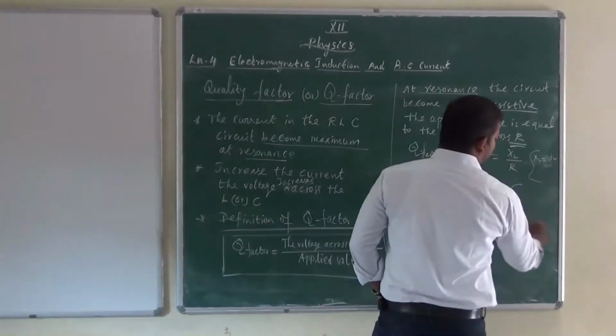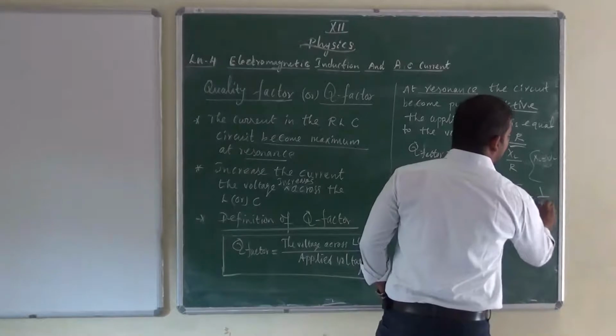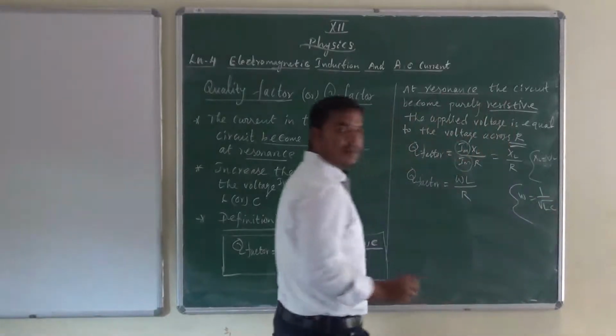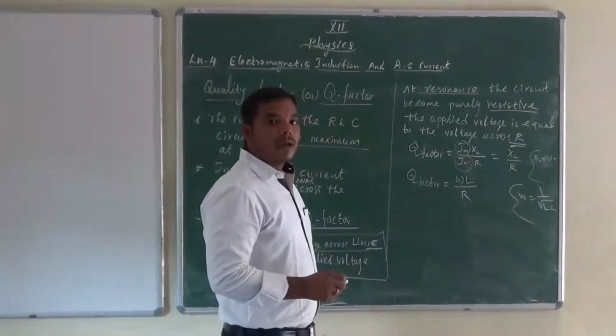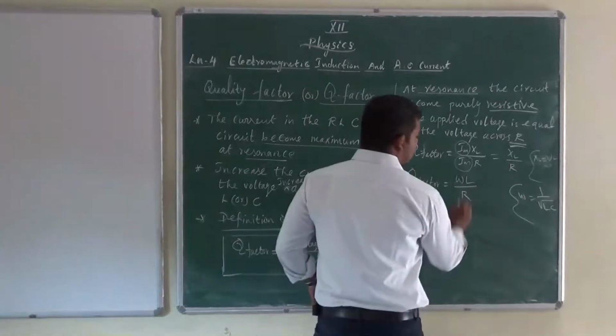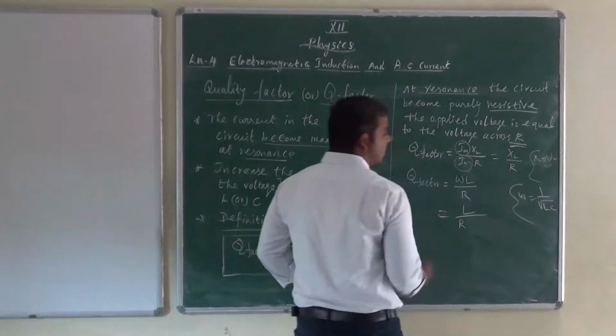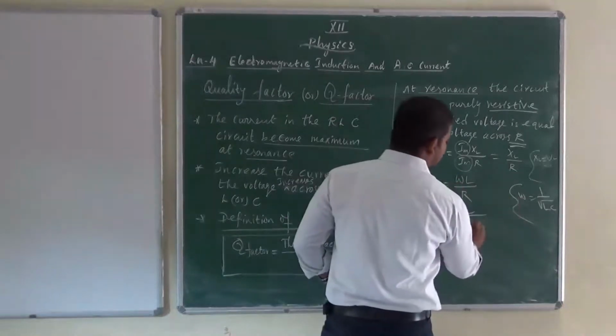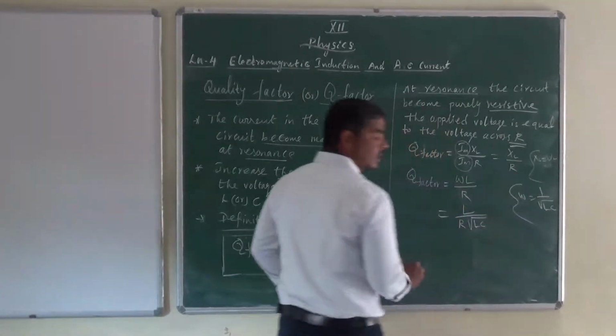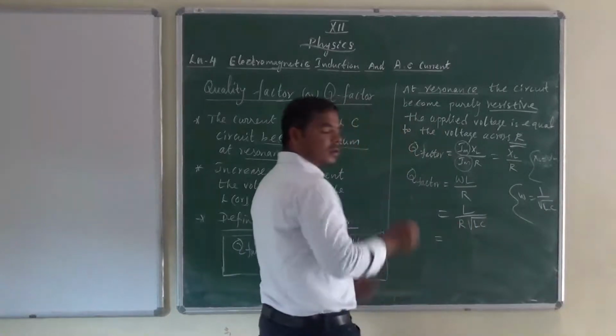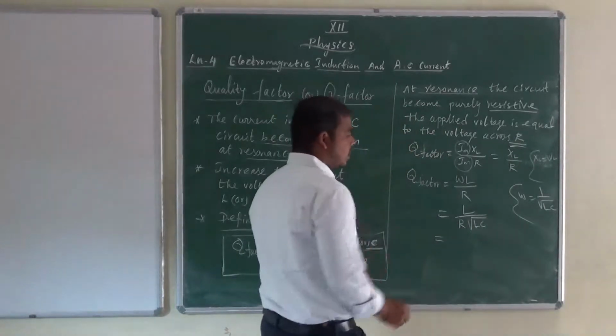Here, what is omega? Omega is equal to 1 by root of L into C, isn't it? So substitute. The numerator is L and the denominator is R. Instead of omega, what do you substitute? 1 by root of L into C. So we have to solve this equation.